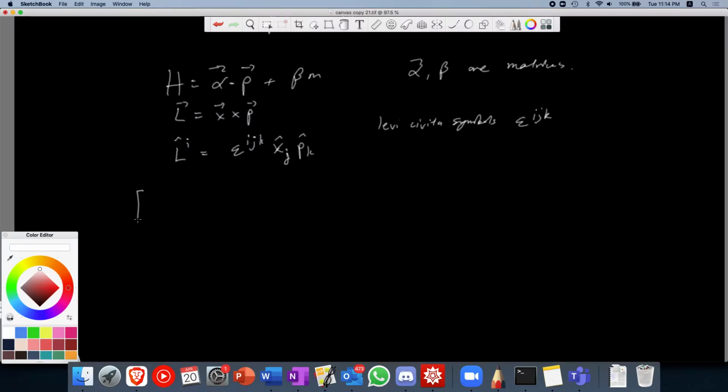So now we compute the commutator of the Hamiltonian with the angular momentum. So what do we get? We just plug it in first. So what can we expect from this? A few things to note.